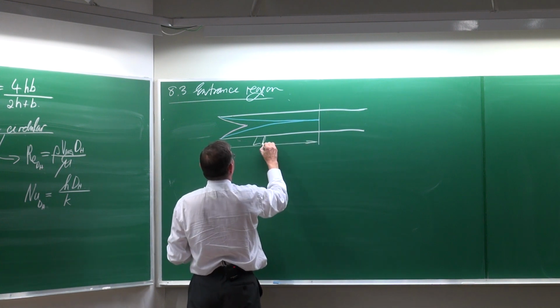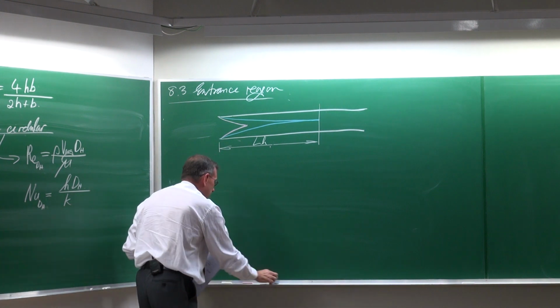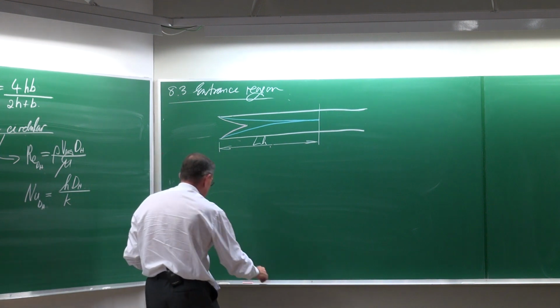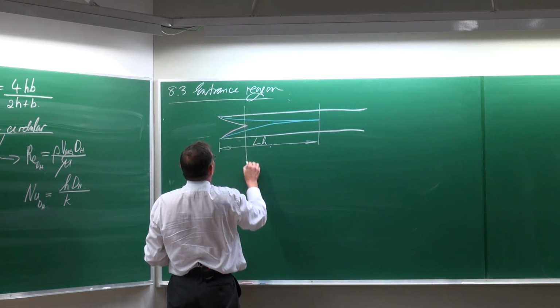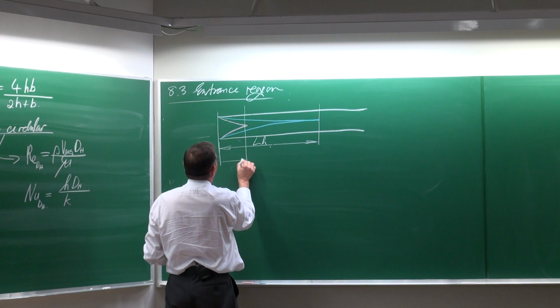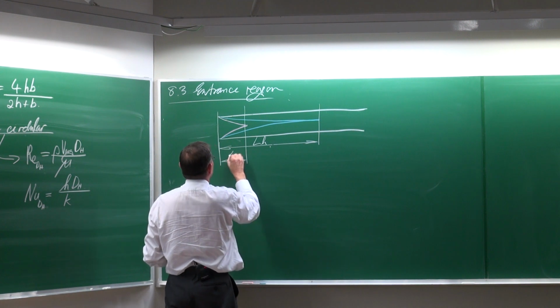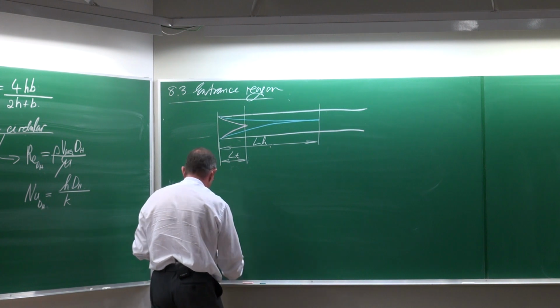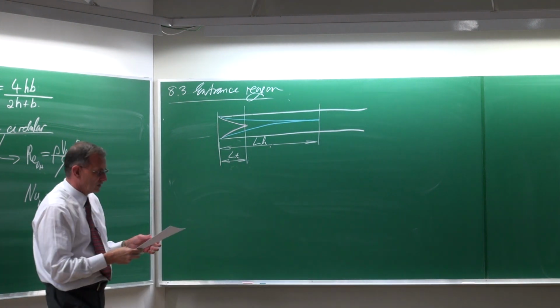The length, how long it will take to get hydrodynamically fully developed. And similarly, the length that it's going to take before the boundary layer is thermally fully developed. That is LT. So the one LH and the other one LT.